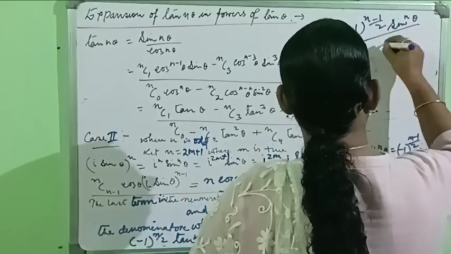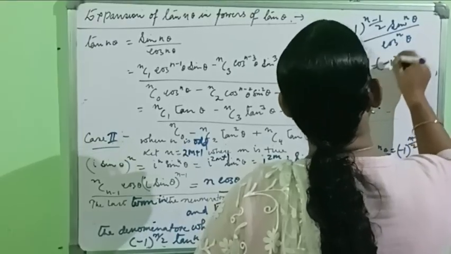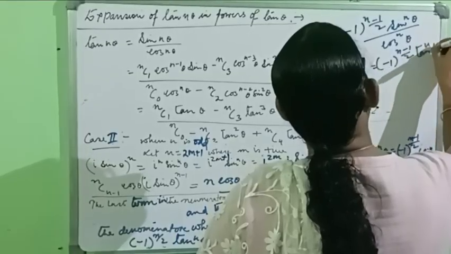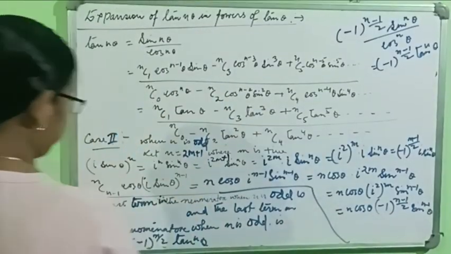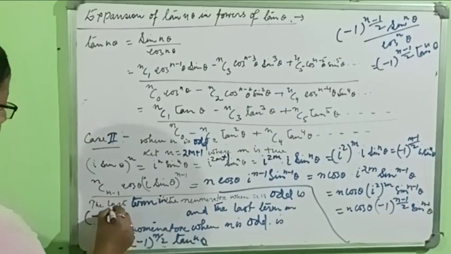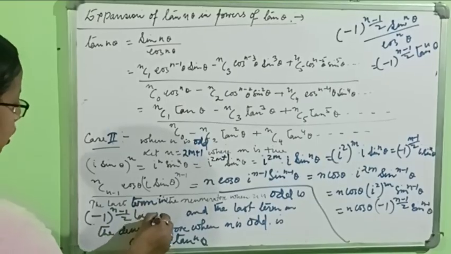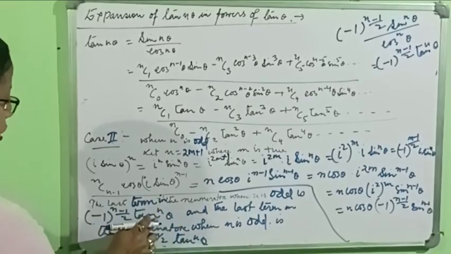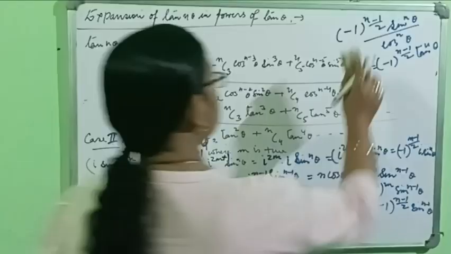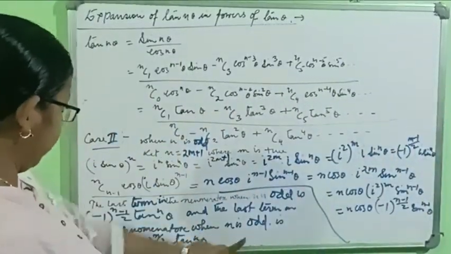We have divided the numerator and denominator by this. The last term in the numerator will be this one, minus 1 to the power n minus 1 by 2, then tan n theta.